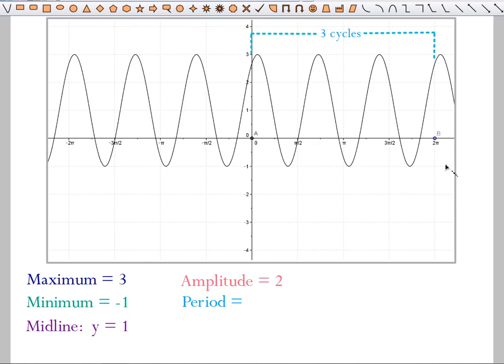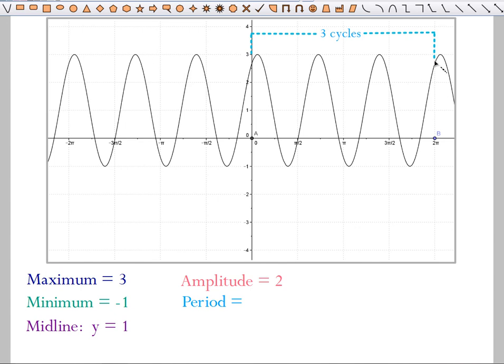I can go from, say, 0 to 2 pi, right? That's from where I'm almost up at the top to where I'm almost up at the top. So that's the same place in those two cycles. But within those 2 pi radians, I have 3 complete cycles. I have 1, I have 2, and I have 3 complete cycles.